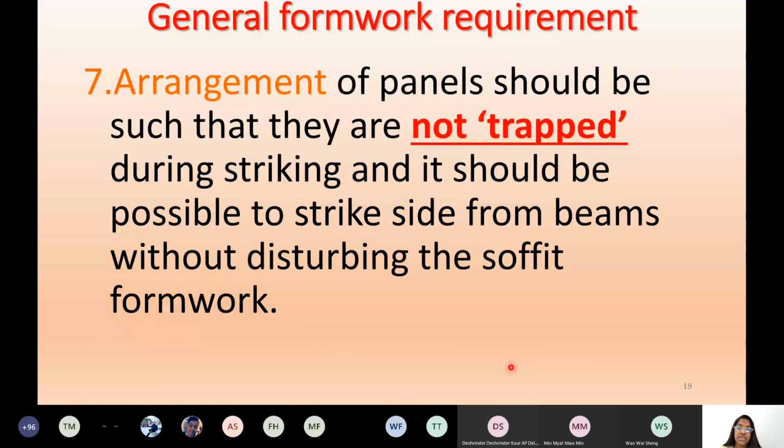Arrangement of the panels should be such that they are not trapped during striking, and it should be possible to strike the sides from beams without disturbing the soffit formwork. This is about the removal of the formwork after the concrete is hardened or set.